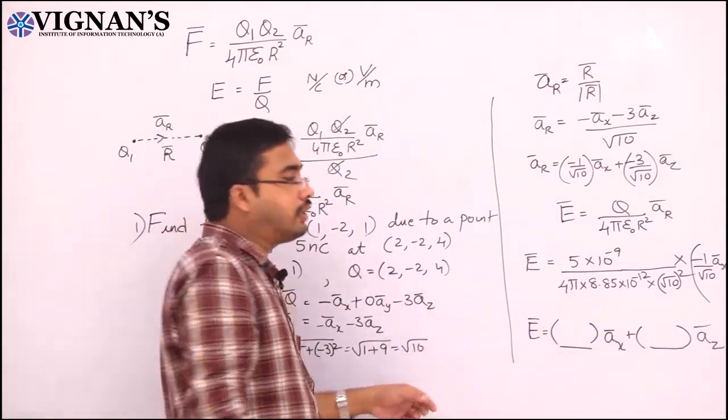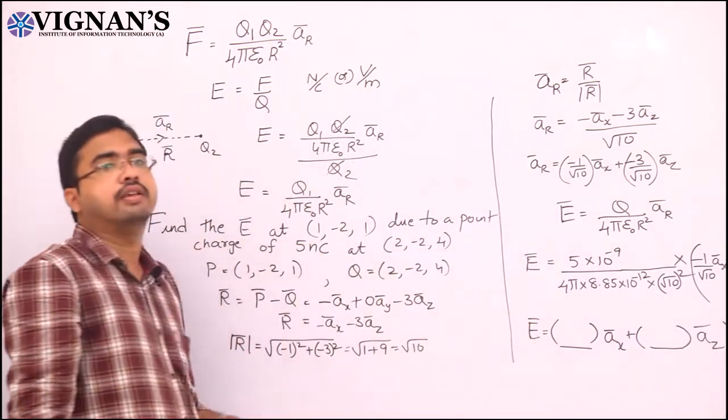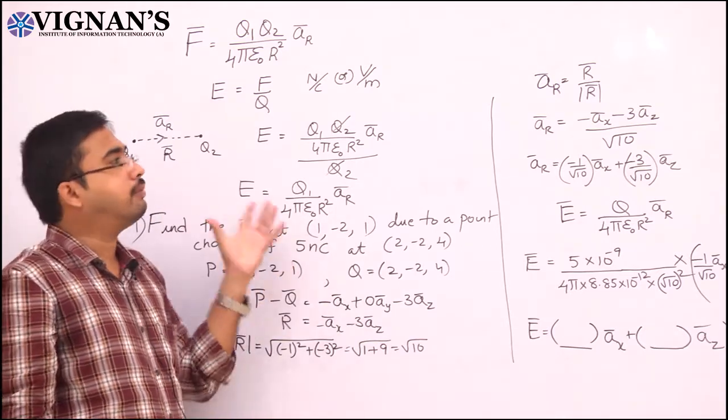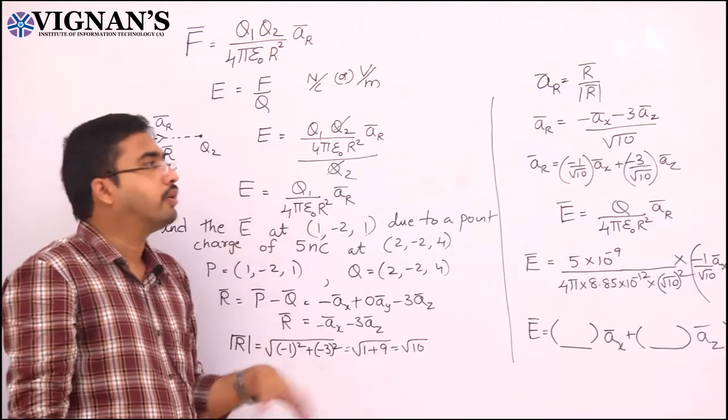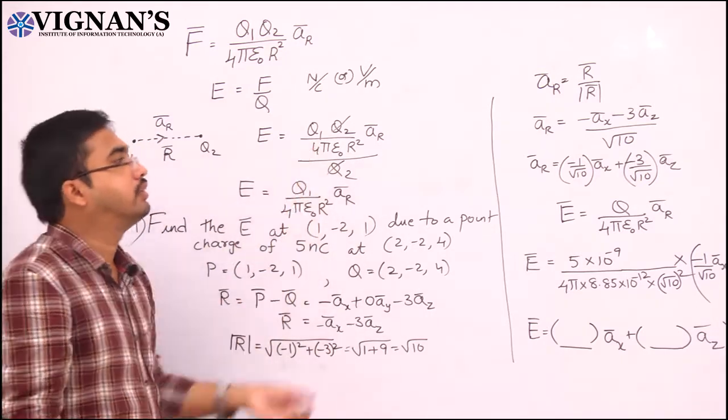What is the unit of electric field intensity? It is volts per meter. This is a simple problem to calculate the electric field intensity at a point due to a particular point charge.